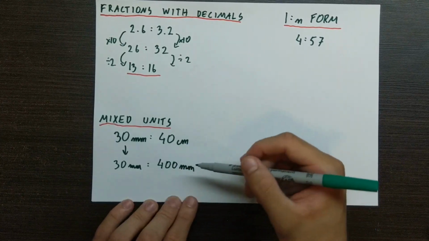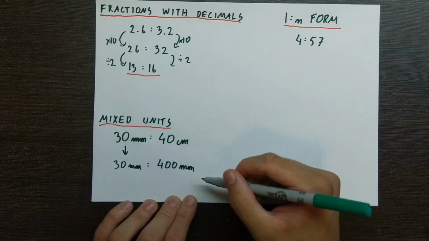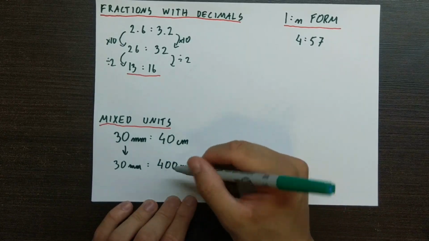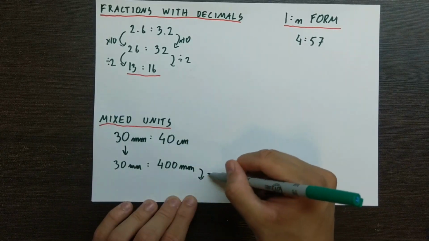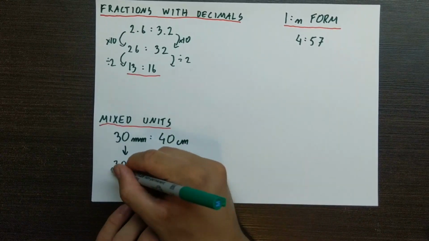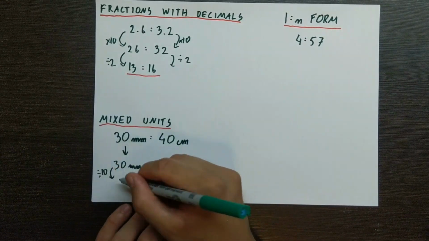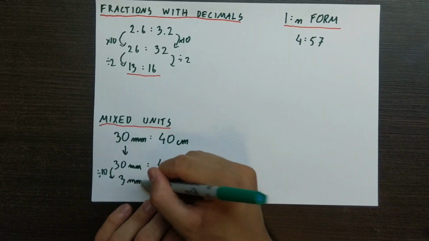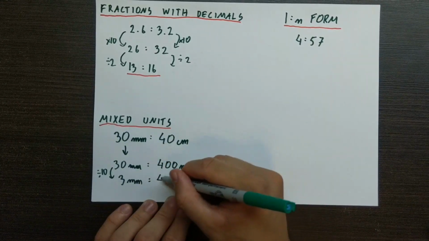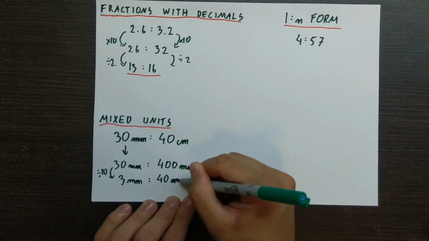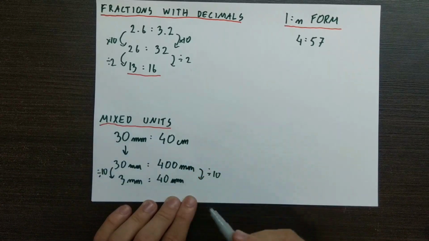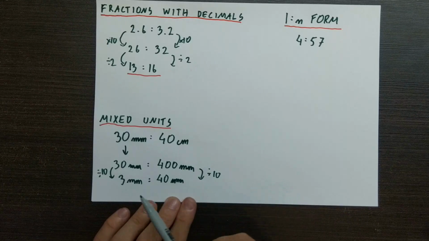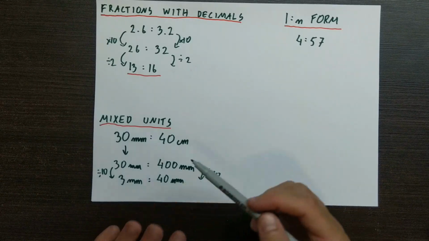As you can see here, we can divide both sides by 10. That's a pretty obvious one. You just cross out the zeros. But I am going to do it the proper way. So just divide by 10 both sides, just for the sake of clarity. So here we have 3 millimeters, and here we have 40 millimeters. And that's our final ratio.